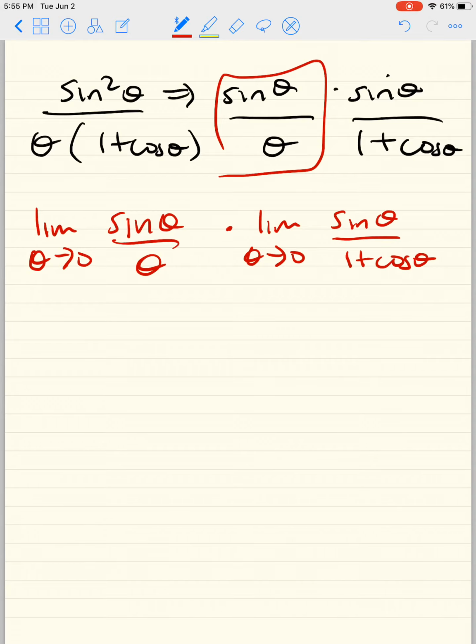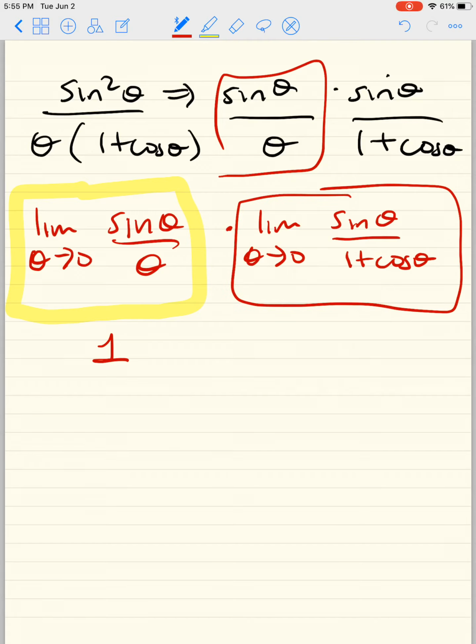With direct substitution, this guy here, we just learned from the last video, is equal to 1. For this guy here, I get sine 0 is 0, cosine 0 is 1, so this is 0 over 2, which is just 0. So 1 times 0 is 0.